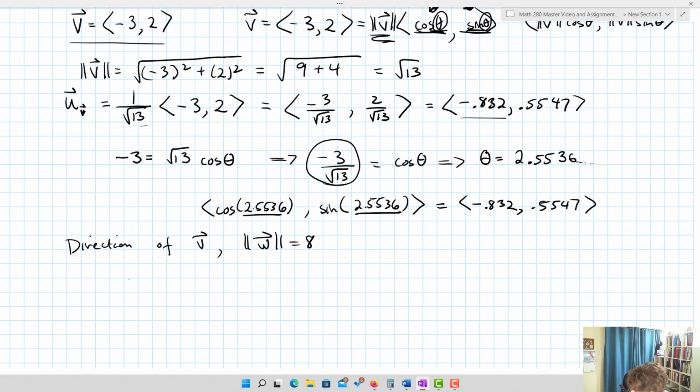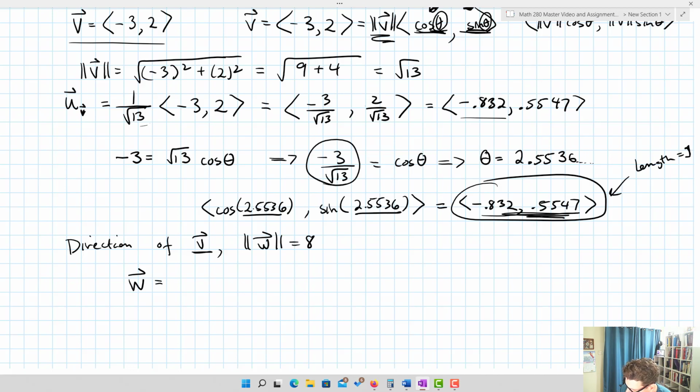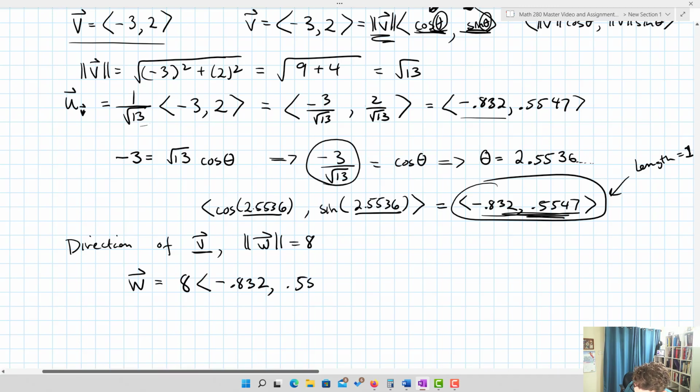Because W is going to be in the direction of V, it's going to have the same exact angle, except it's going to be 8 times as long, because the length of this vector equals 1. So the length of W is going to be 8 times that 1. So W is just going to be equal to 8 times negative 0.832, comma, 0.5547. We do that multiplication.